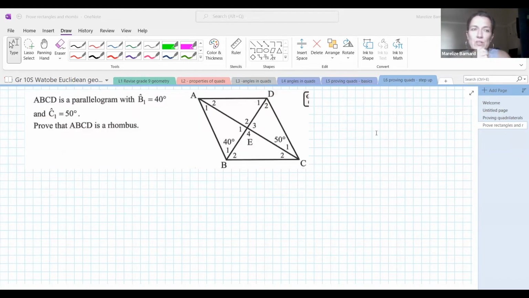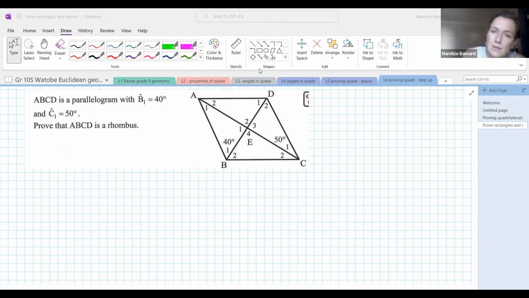So remember, you can start with the fact that ABCD is a parallelogram and you've got some angles. Okay, so our two options which will make it a rhombus is either that all the sides are equal, or that the diagonals bisect at 90. Those are the one of those two things you need to prove. Nothing else.